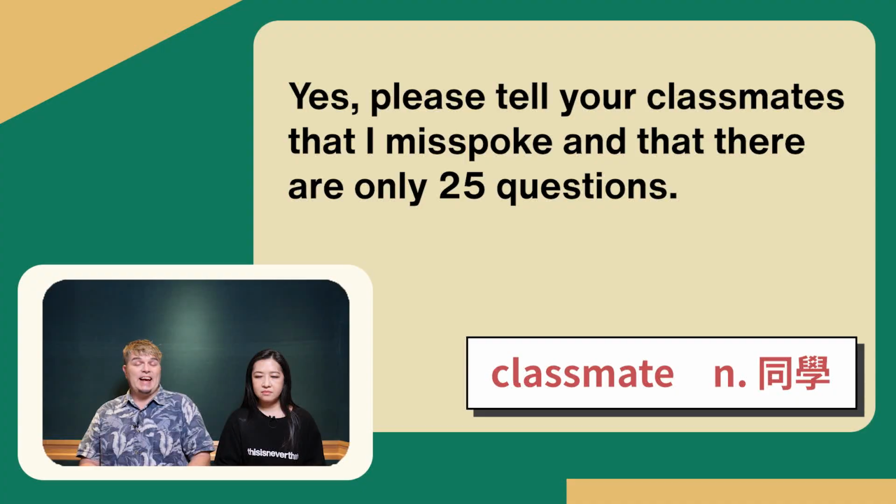And Mr. Hong says, yes. Yes, you can help me. Yes, please tell your classmates that I misspoke and that there are only 25 questions. So I misspoke. I said something incorrectly. Yeah, I said it wrong. So please tell your classmates, your mates in class, your friend, the people in your class with you, that I said that wrong.